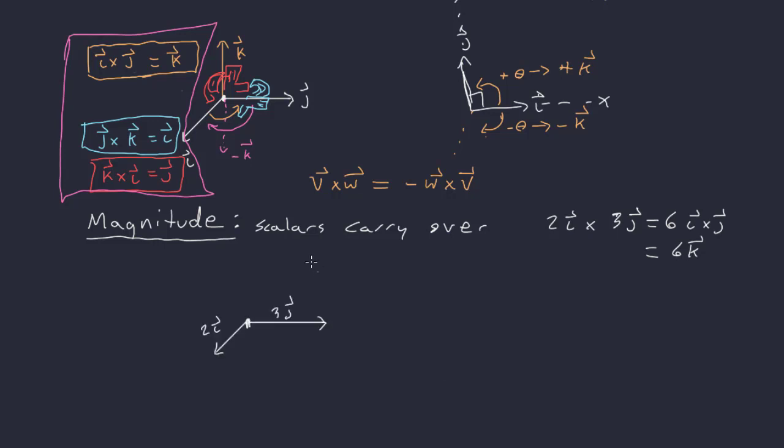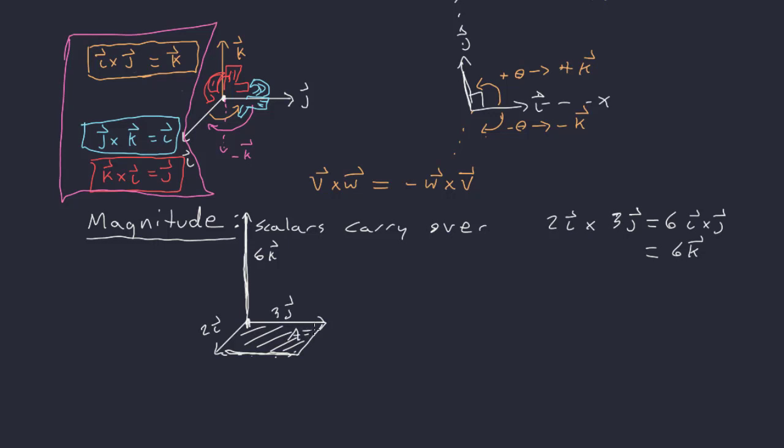So if we wanted to look at that visually, here's 2i, 3j, and then the magnitude of the cross product will be these lengths multiplied together, which will be 6k. And it turns out that this rectangle we made here, and later it will be parallelograms, this is a 2 by 3 parallelogram here.